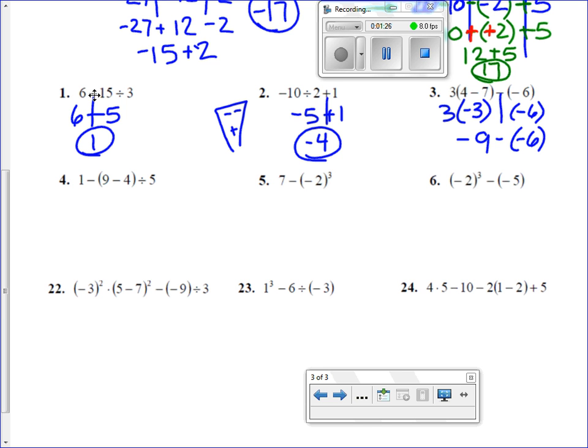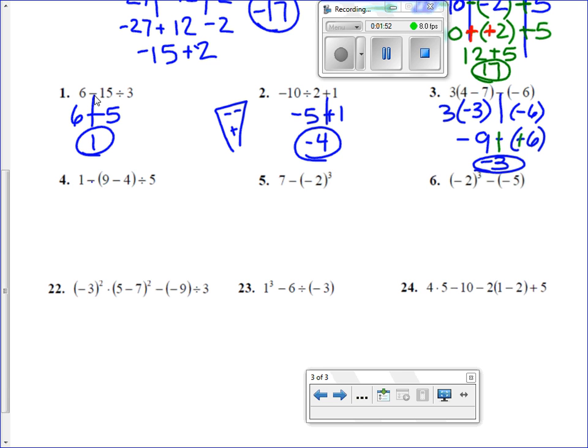So now what I'm going to do is change that to a plus positive 6. Okay, I'm adding the opposite. Negative 9 plus 6, I have more negatives, so I'm going to subtract, and that gives me negative 3. Don't get me saying subtract confused with the subtraction problem. You always have to change it to an addition problem before you ever subtract.